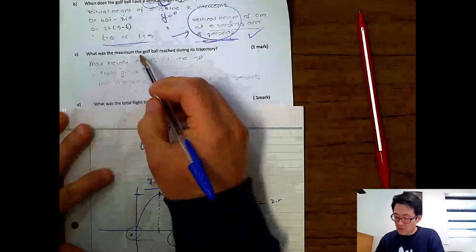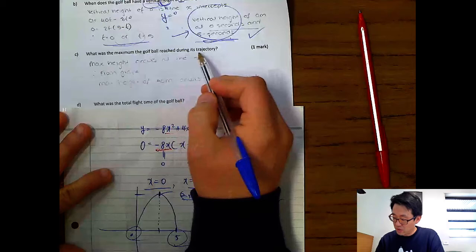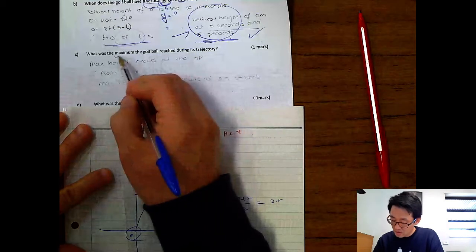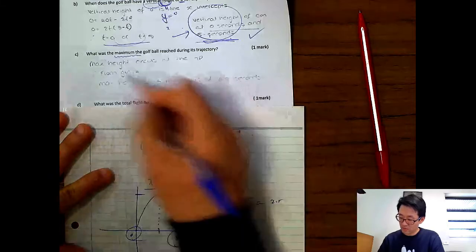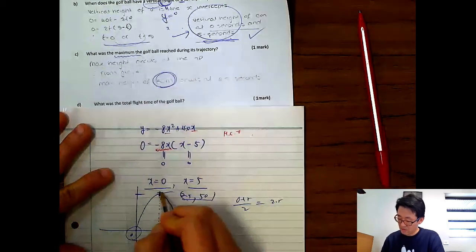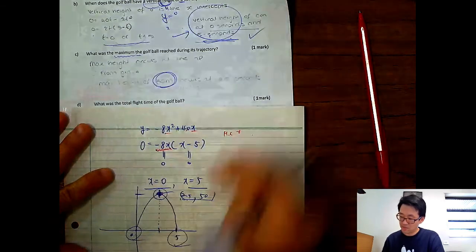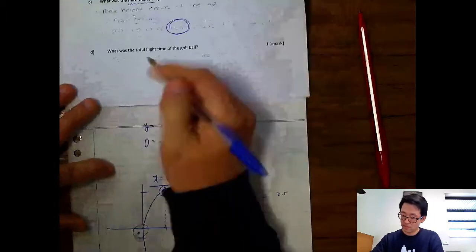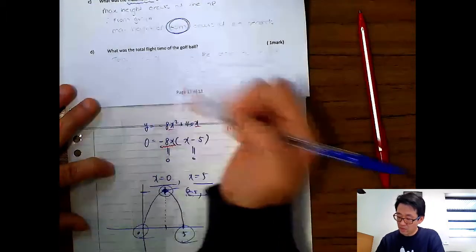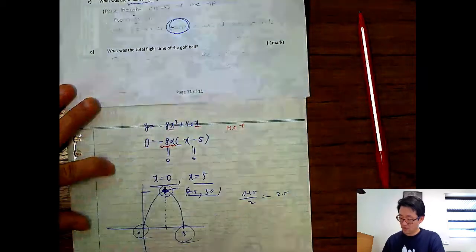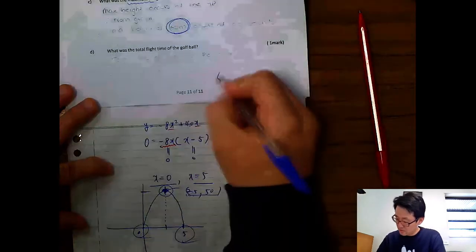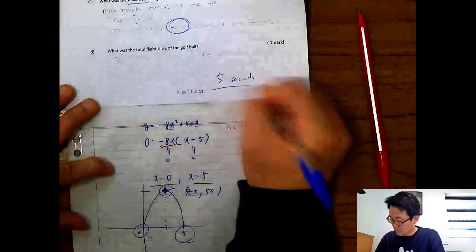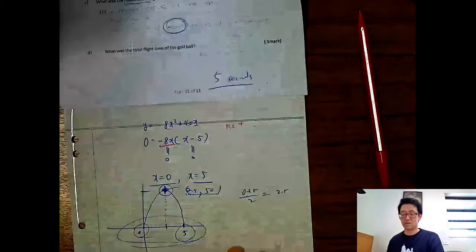What was the maximum height the golf ball reached? We know the golf ball reached 50 meters, the maximum point. And what was the total flight time? Start from 0, finish at 5 seconds. So all there.